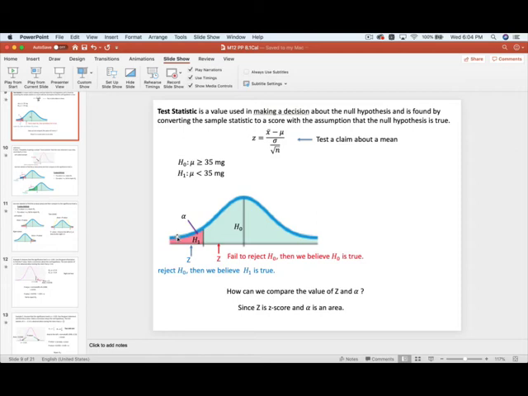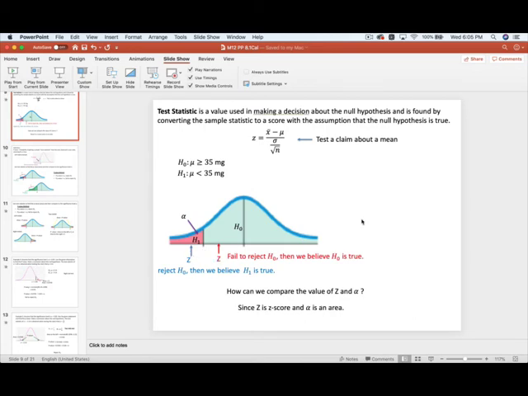Second method, this is called the critical value method. It's exactly the same idea. Instead of using the test statistic to find the area, we use the area of alpha to find the critical value. One more time, use the area to find the critical value. We find the critical value from here, another z-score, and we compare this critical value with the z-score from here.